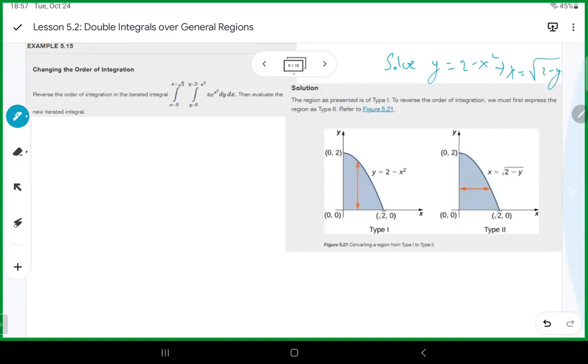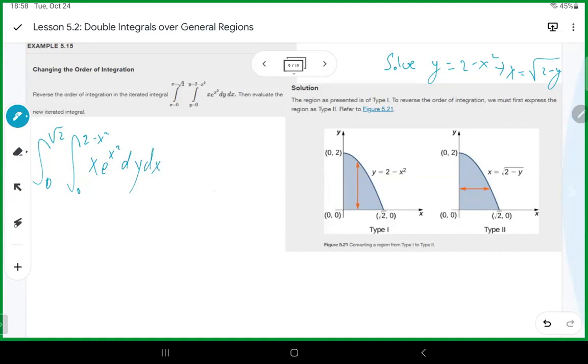That tells us we can then do 0 to the square root of 2, 0 to 2 minus x squared, xe to the x squared dy dx.